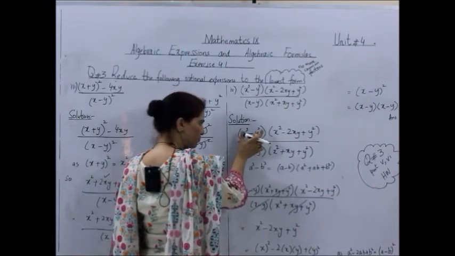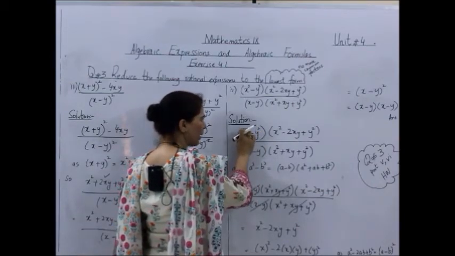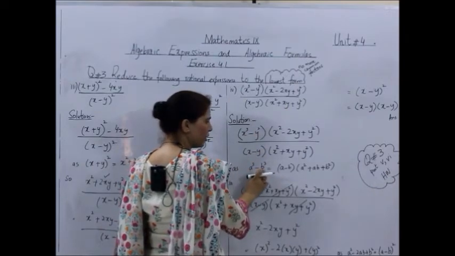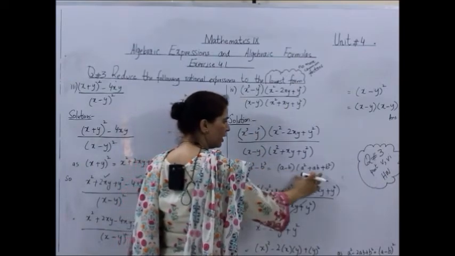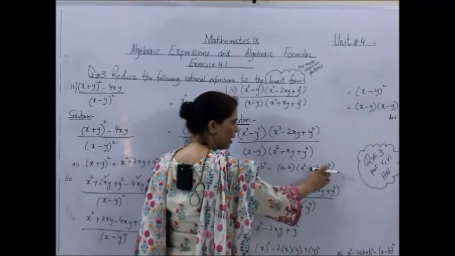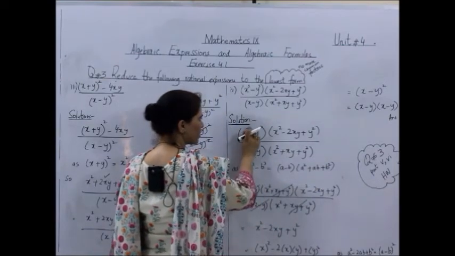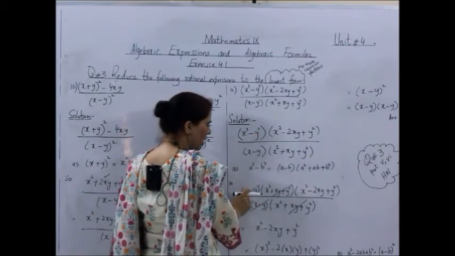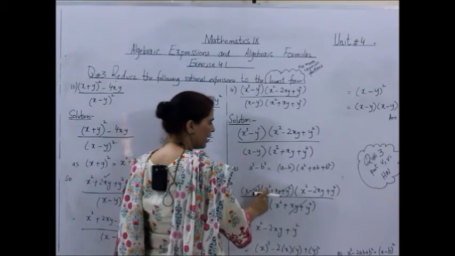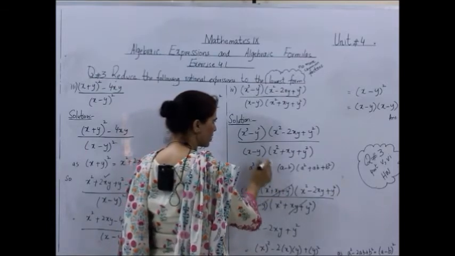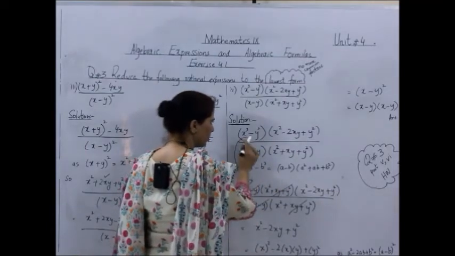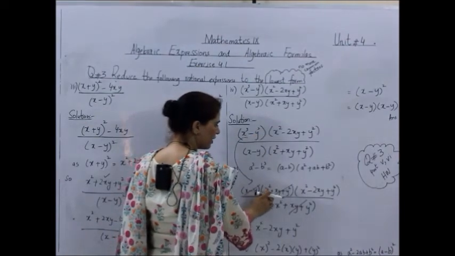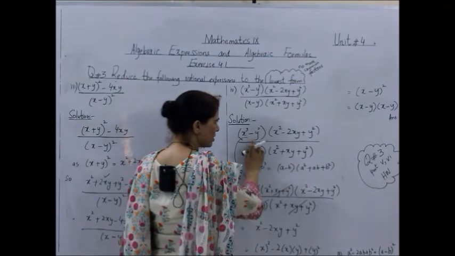We will put the formula of x³−y³, as we know that a³−b³ equals (a−b)(a²+ab+b²). Here x³−y³ will be equal to (x−y)(x²+xy+y²).